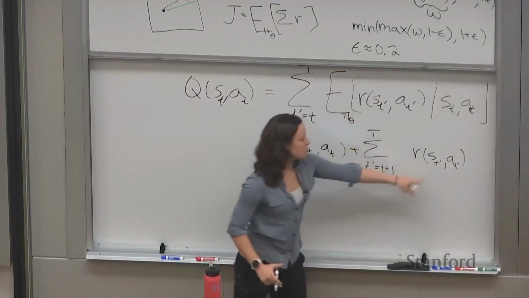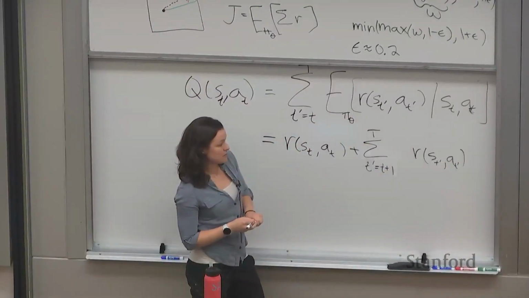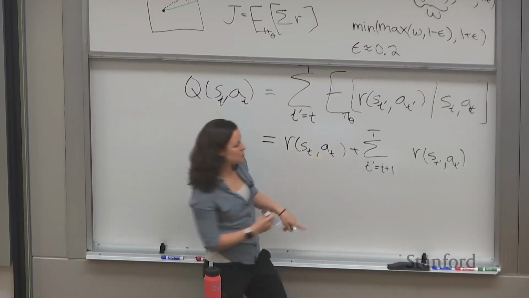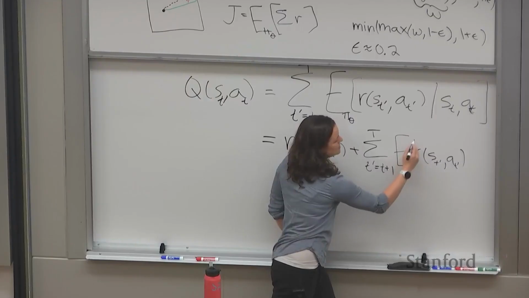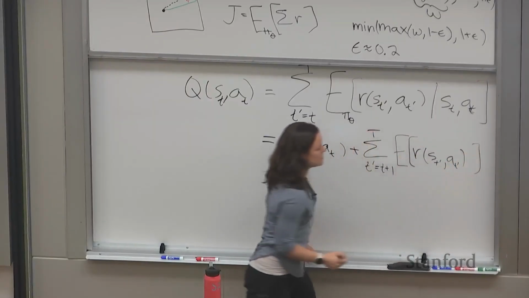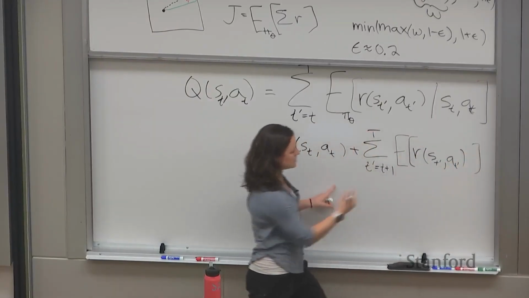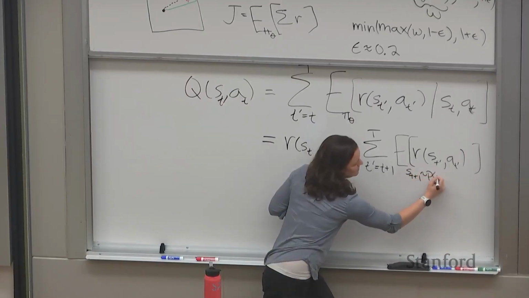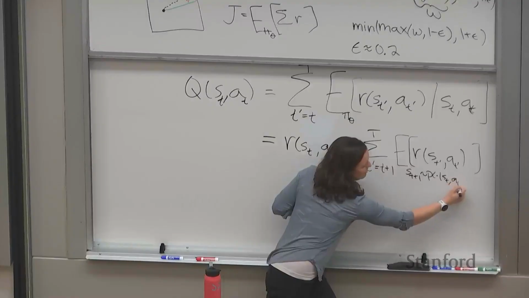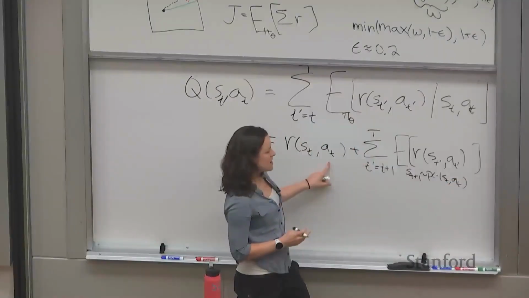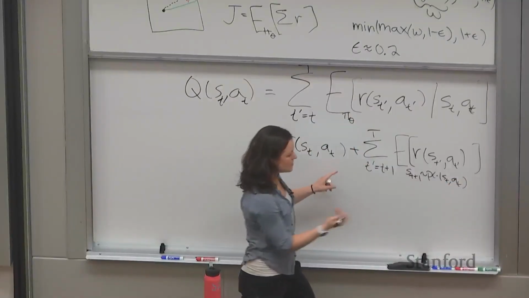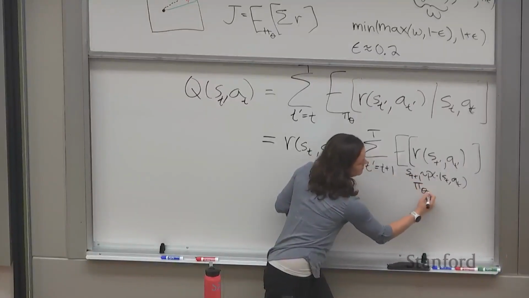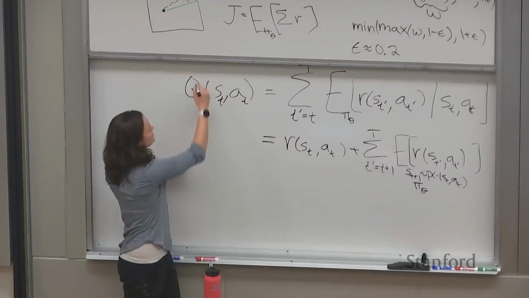For this sum of future rewards, we need an expectation after ST, AT, starting from ST plus 1 under the dynamics and remaining actions and end state sampled from pi theta.